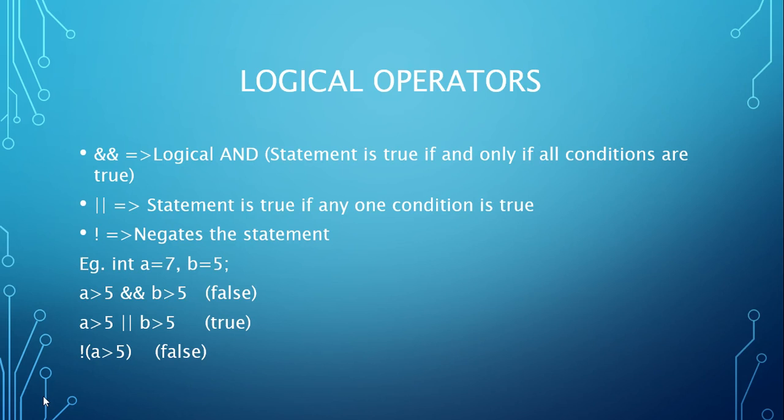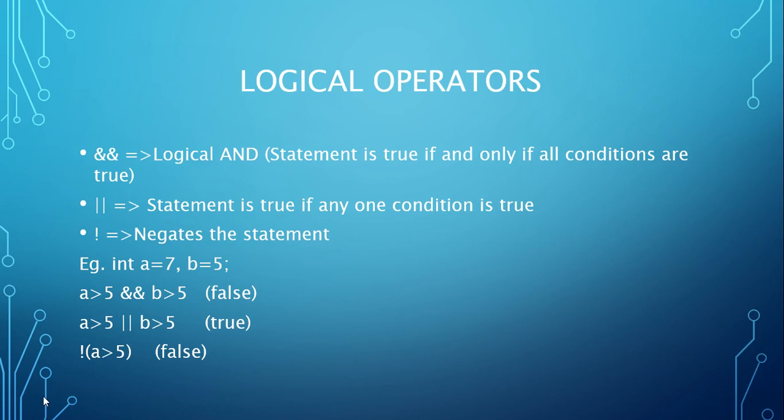But if it is not sunny and if my work is done, I will definitely move out. So if all my conditions are satisfied, two or more, only then will the result be true. If any one of the conditions is not satisfied, the result will be false.